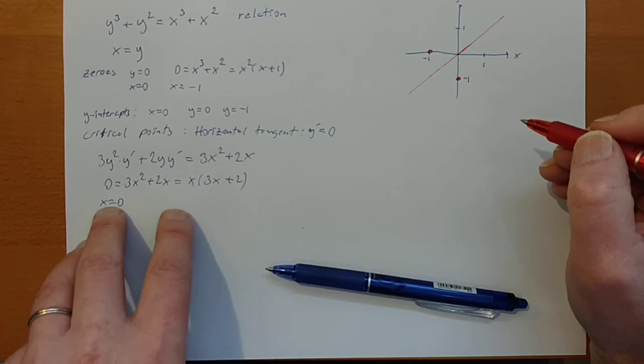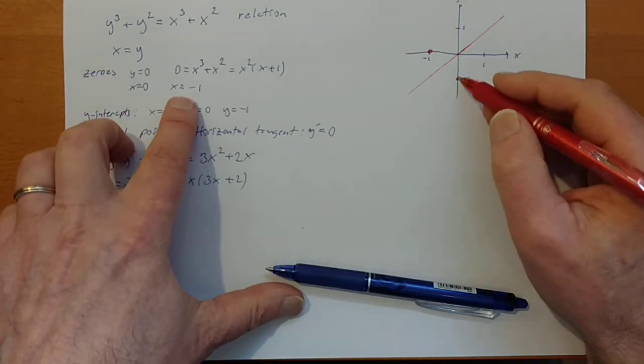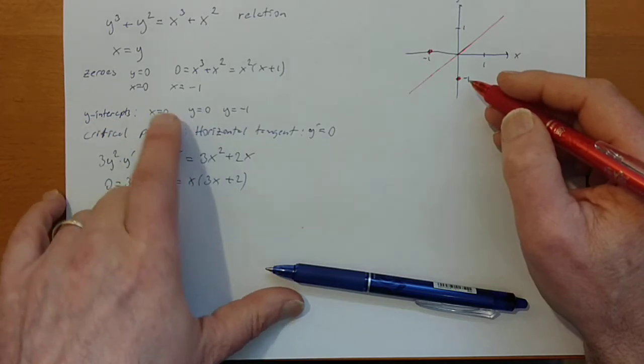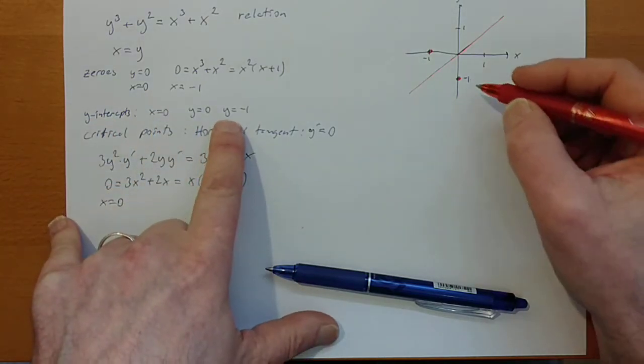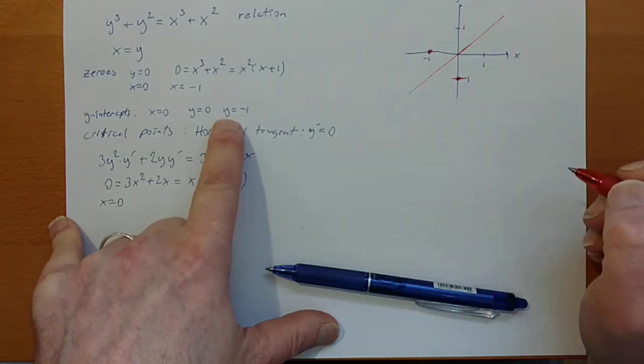But we also, if we plug in, as we said before, 0 into this, we get y is minus 1, right? And according to this, we should have a horizontal tangent there.